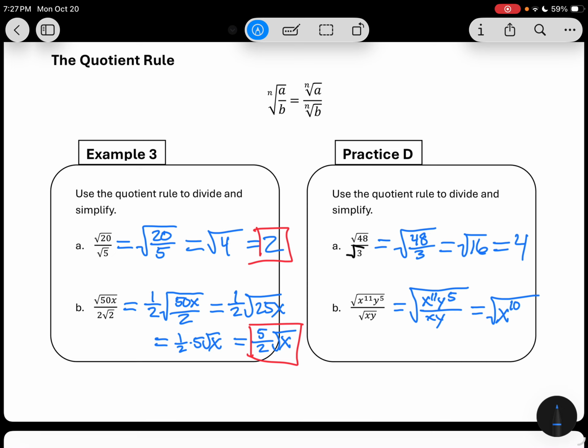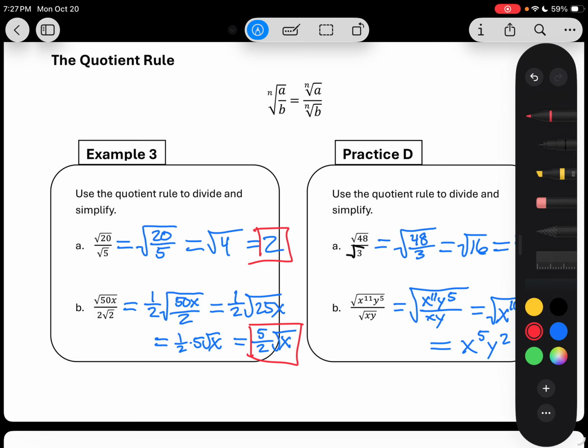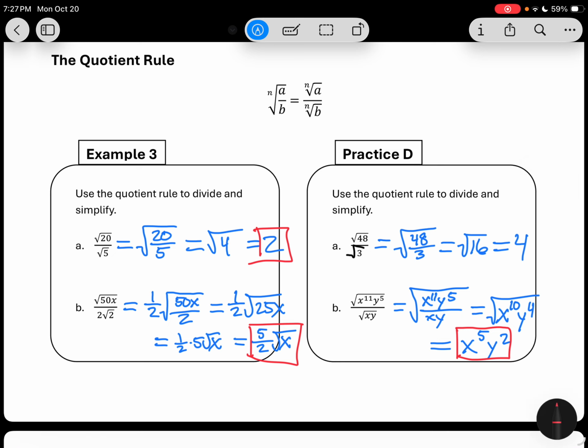And then y to the 5th on top will reduce with the y on the bottom and leave you with y to the 4th. And then since those are in the square root, you can divide those powers by what kind of root it is, which is a square root, so divide them by 2, and you get x to the 5th y squared. So that would be the result on practice D.